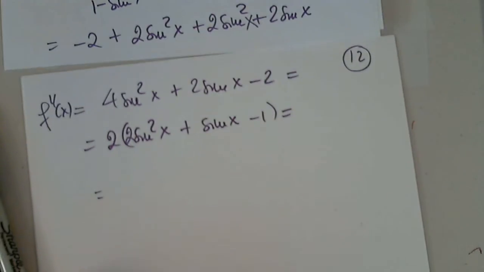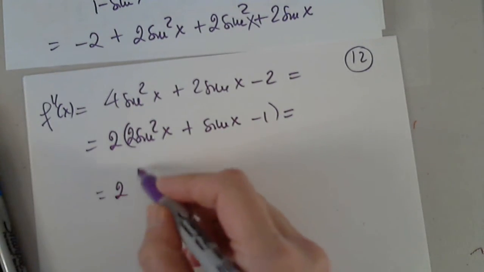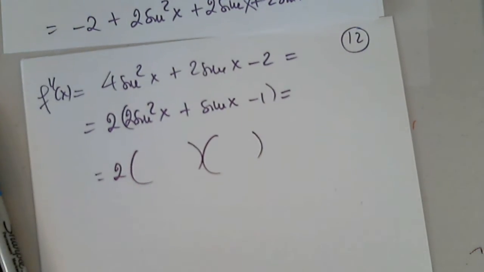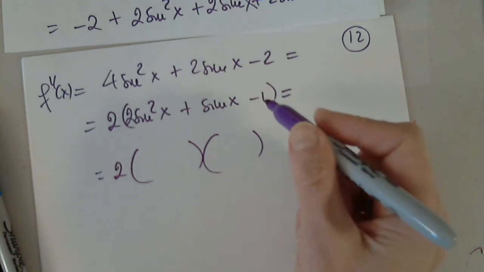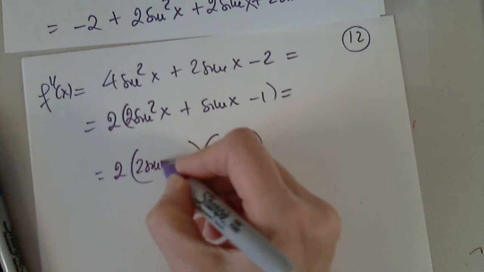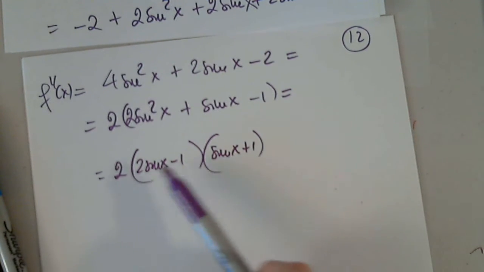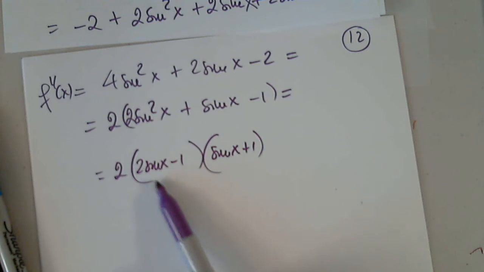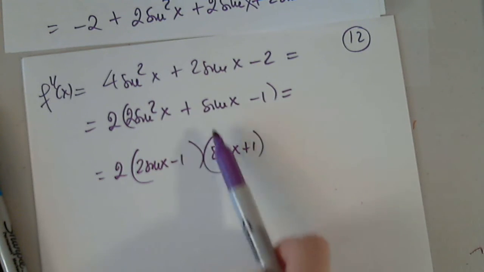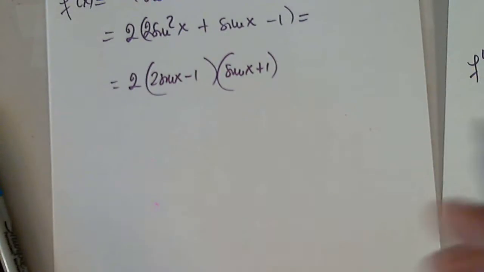Okay. I factor out a 2 and I get 2, 1, and negative 1. And I think we can factor this as, I need a plus here and a minus here. So 2 sine x minus 1 and sine x plus 1. Let's check. 2 sine squared plus 2 sine minus a sine. Yay! Okay, good.